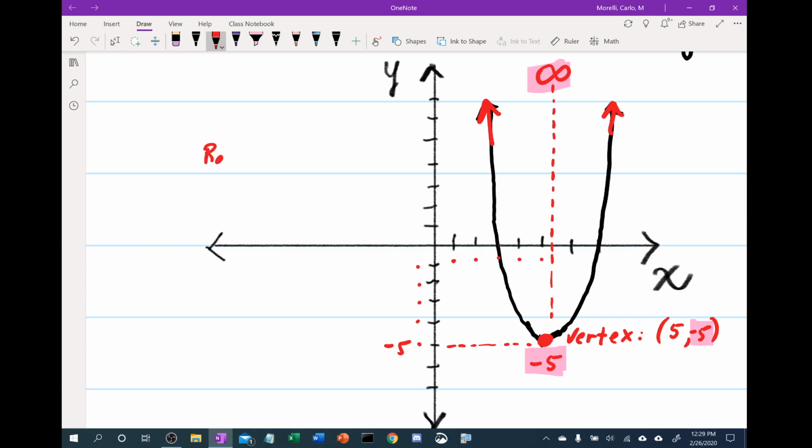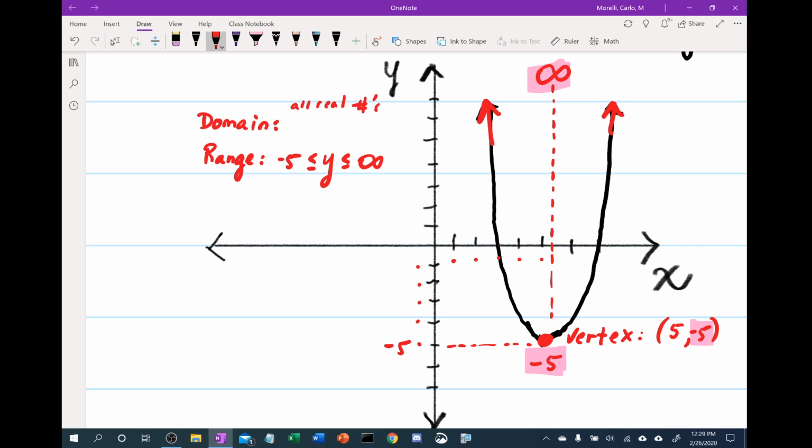Again, your template is going to look like this. The bottom number is -5, and then infinity goes over here. Now, domain is really easy: all real numbers. You might write all real numbers, and in fact I will write all real numbers, just so you can remember that.